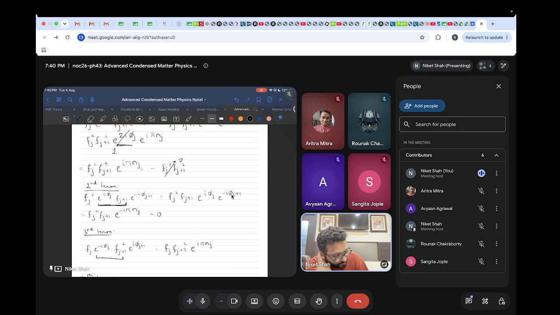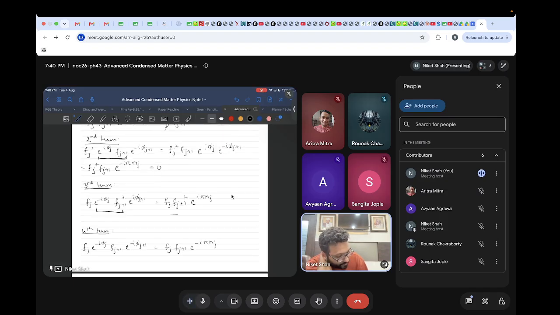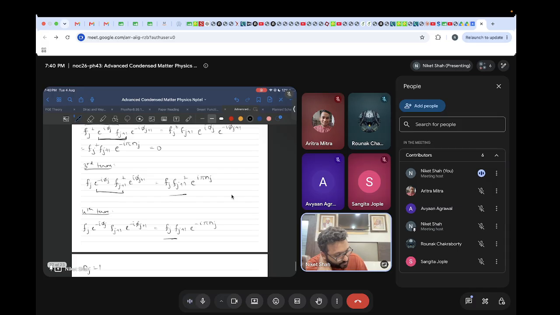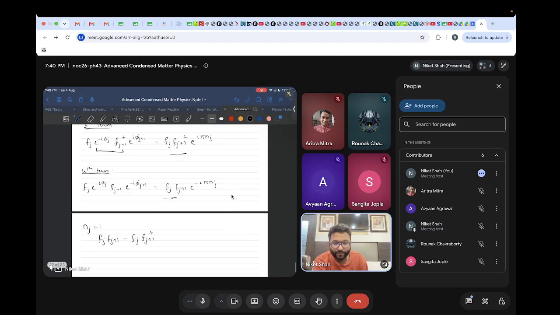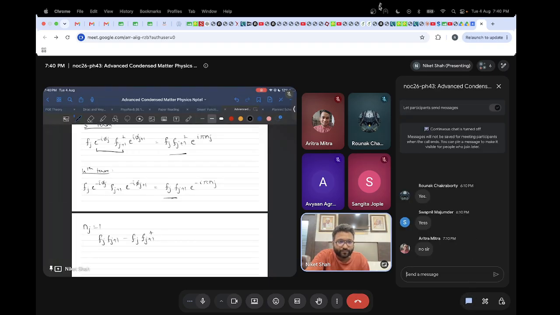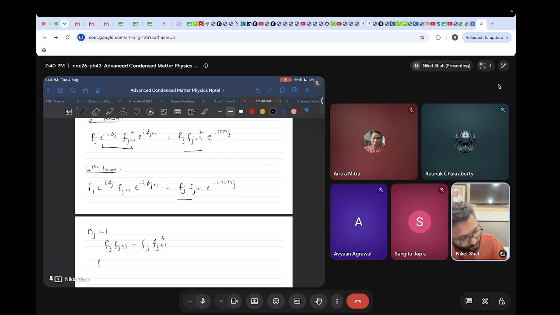Again, this term also goes away if n j is 1, but this term and this term survive, and what I end up getting is f j plus 1 dagger, n j is 1, so minus, and f j plus 1. So it's basically f j into f j plus 1 minus f j plus 1 dagger.